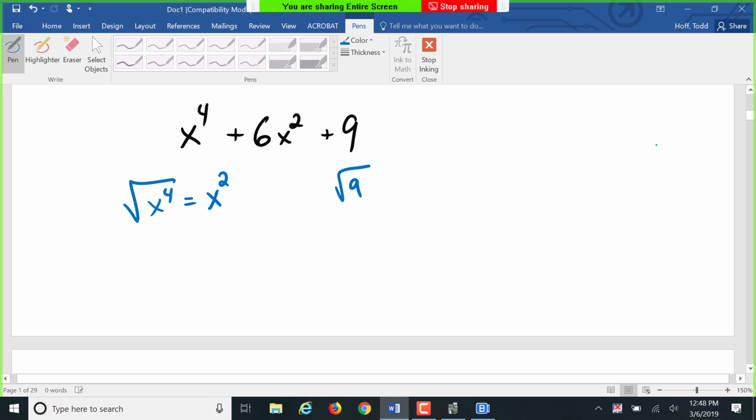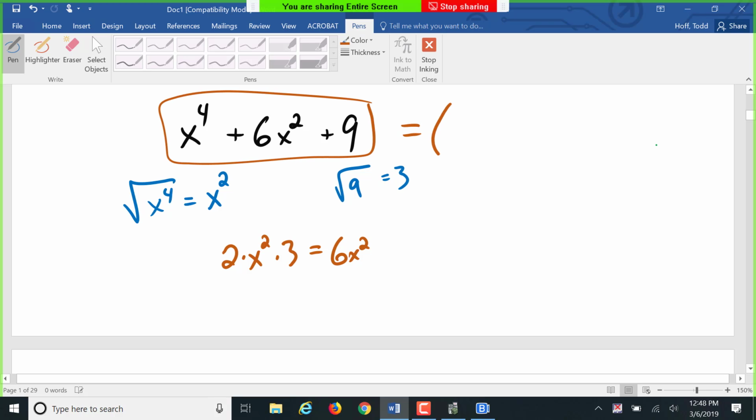What is the square root of 9? 3. If I do 2 times x squared times 3, what do I get? 6x squared. This is a perfect square trinomial. It's x squared plus 3 squared.